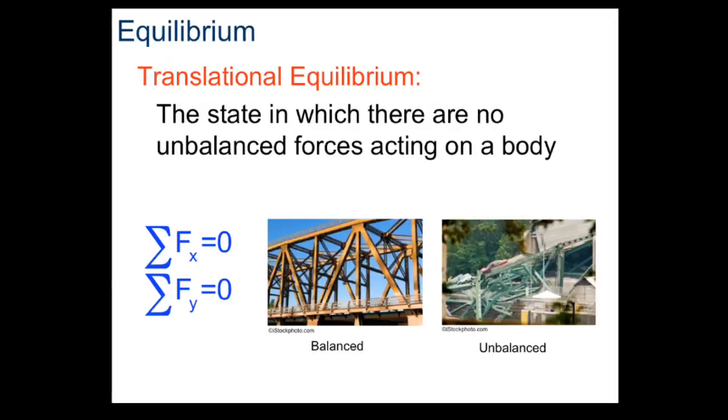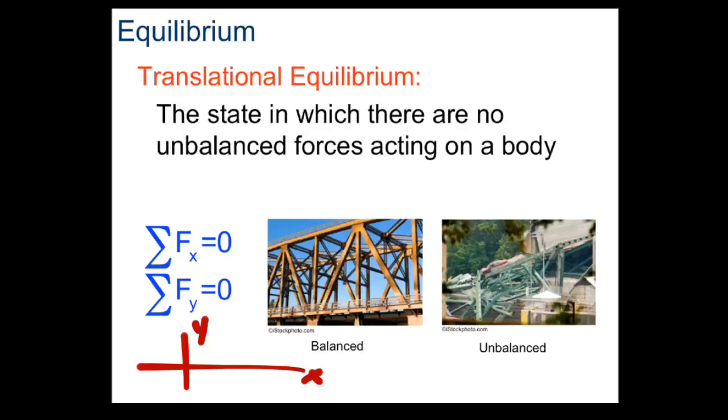Continuing, translational equilibrium is the state in which there are no unbalanced forces acting on a body. It's on your entire body. And we'll consider the x direction, that's the horizontal direction. We'll often consider, on the regular xy coordinate plane, the sum of the forces in the x direction equals 0.